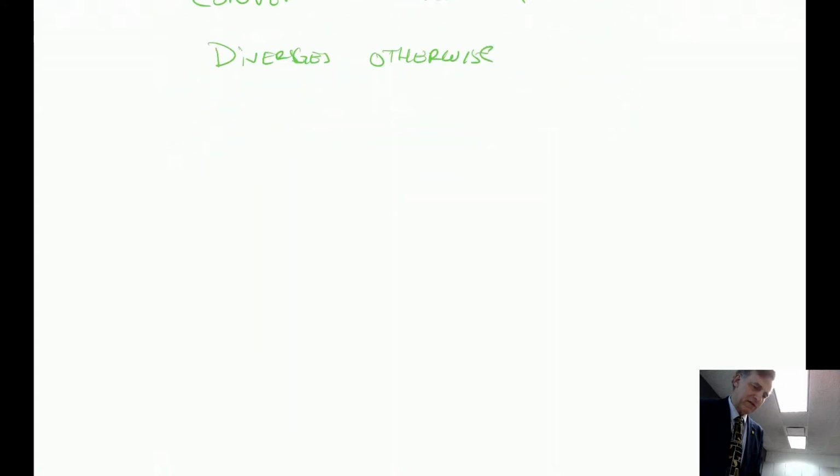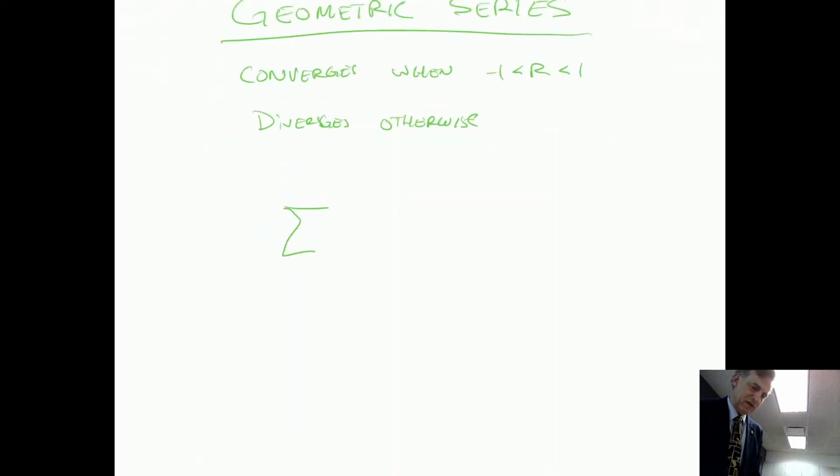So, in other words, if I have a geometric series that looks like this, 5 times 4/3 to the n, and goes from 1 to infinity, then that diverges.